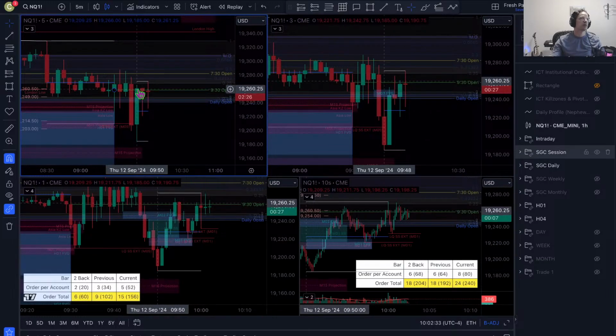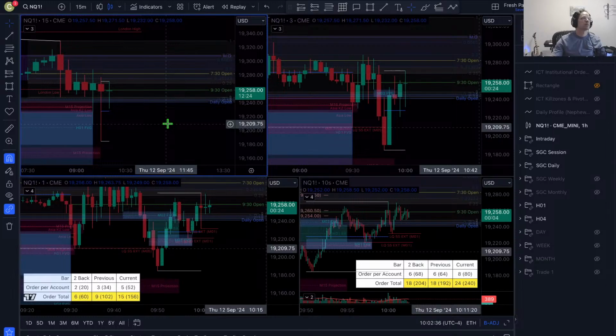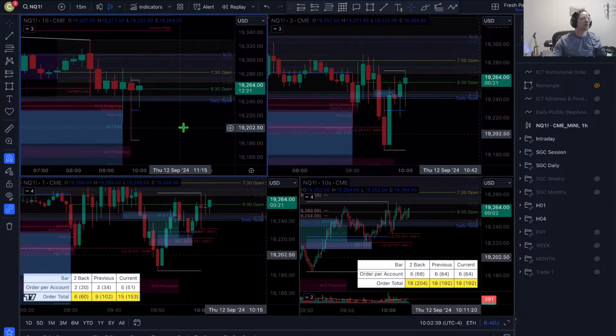Interesting, that 5-minute closed above 930. 15-minute did not.